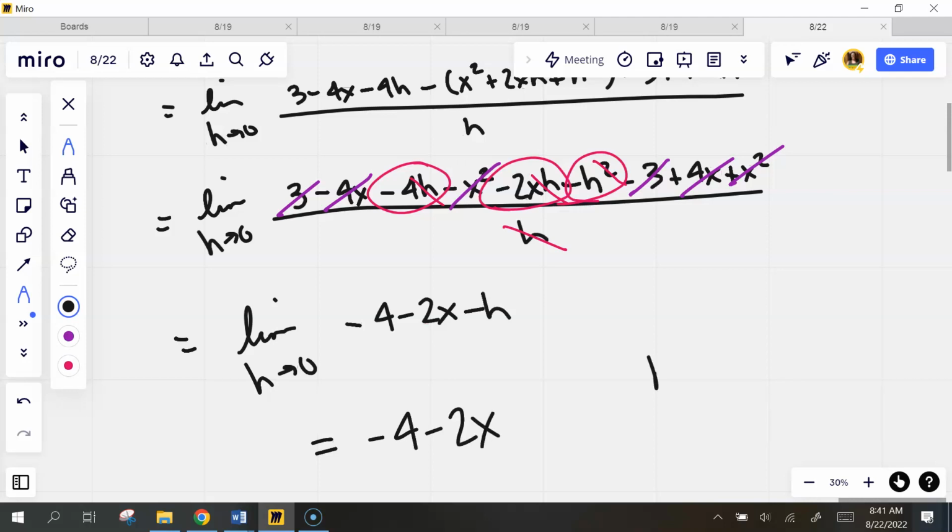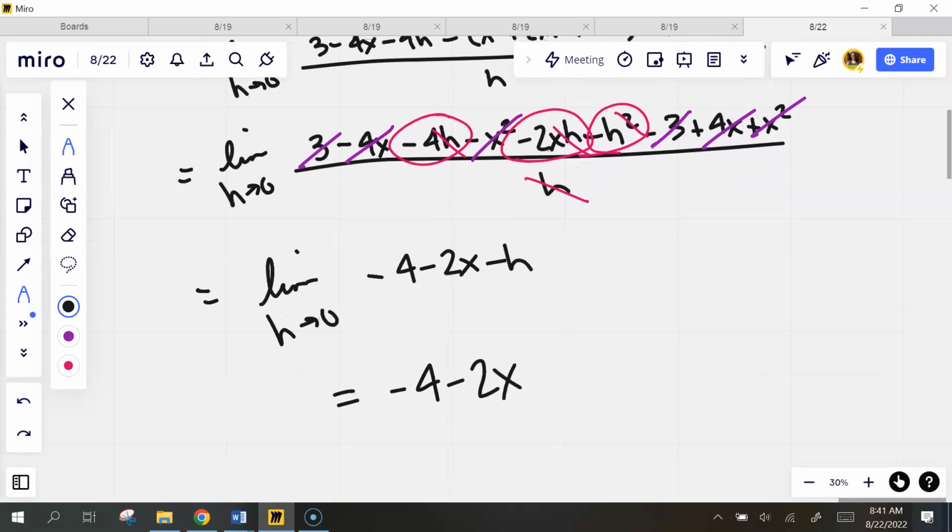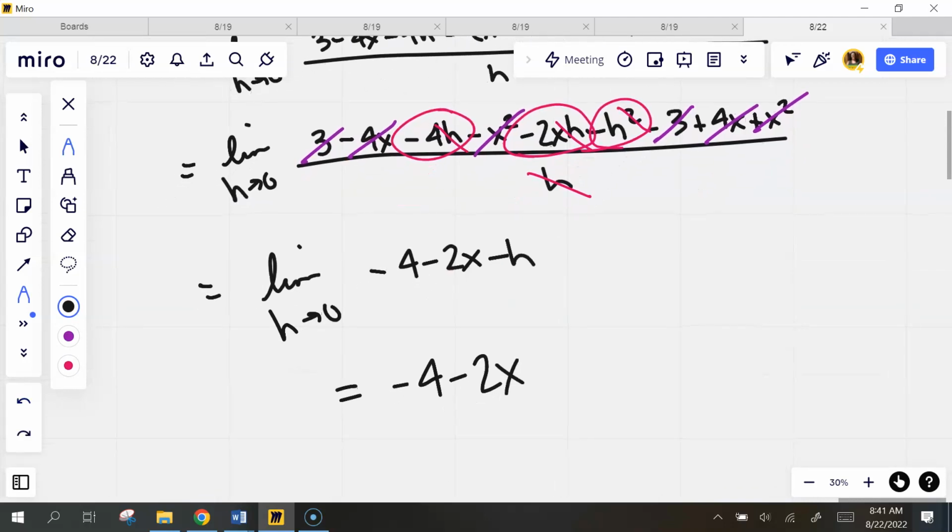This is the slope of the tan line. It's not the slope of the tan line at a specific point, it's the slope of the tan line in general. Now, I could ask you, what's the slope of the tangent line when x is 3? You could plug in a 3 for x and find that slope. It would give you the same thing had you plugged in 3 in the beginning and worked through. This is just a lot more work, but it gives you a general equation and you can find that slope at any particular point.